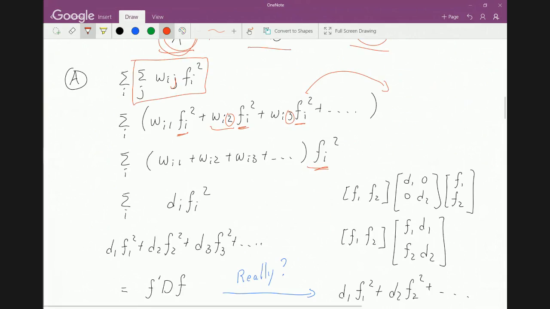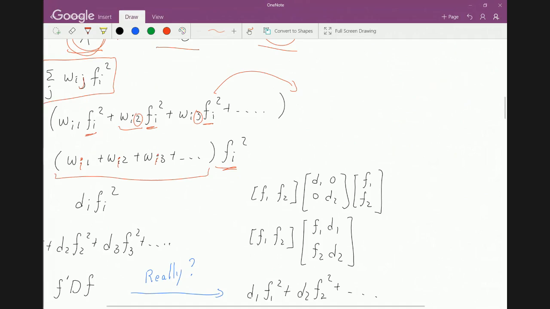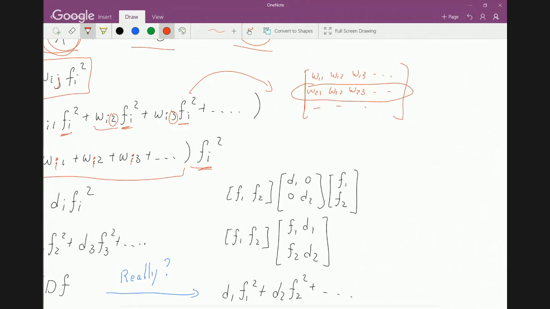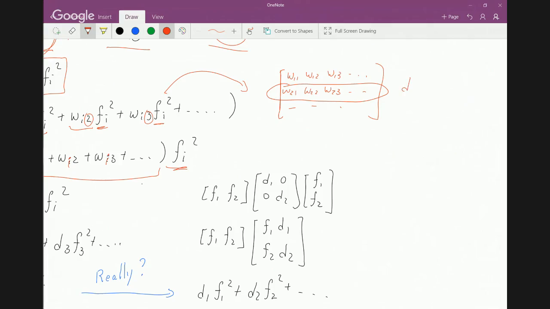After we pull this outside, we look at this part. Notice i is the same, but j changes. If you remember the adjacency matrix, W11, W12, W13, and so on, W21, W22, W23, so on and so forth. When we add up the entire row, it has a very special name. It's called the degree of the vertex.